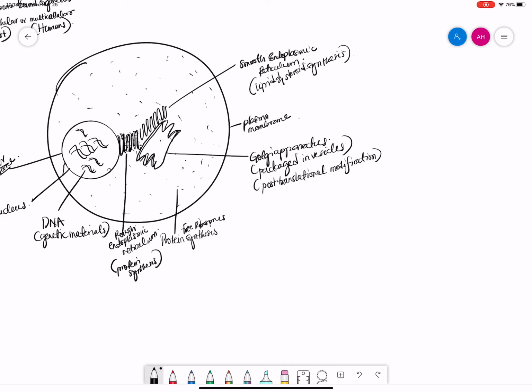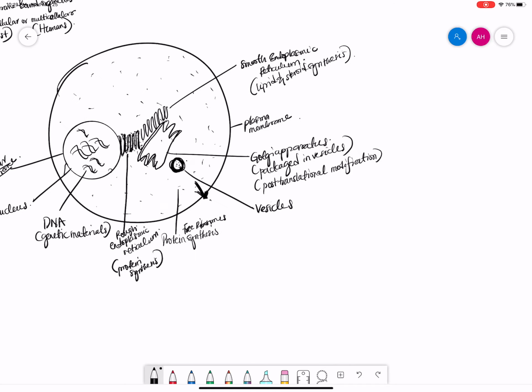Okay, so the Golgi apparatus will then make vesicles. These vesicles will then be packaged with proteins, and these vesicles can be shipped outside the cell. Okay? All right. I want you to know a few other organelles before we move away from here.